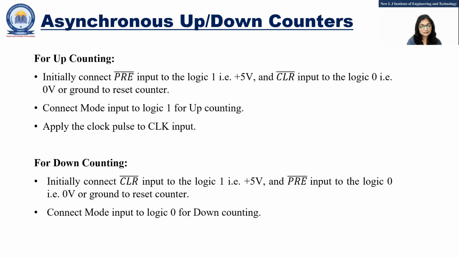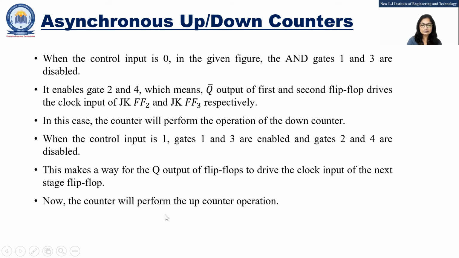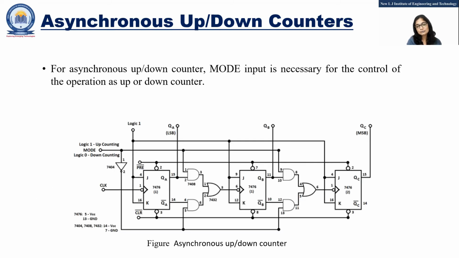Okay, so you must know all these things. Whenever up counting, this signal must be 1, clear 0, and mode signal 1. Whenever you are using down counting, then this signal is 1, preset signal must be 0, and mode signal must be 0. So this common circuit you can use as either a down counter or an up counter.